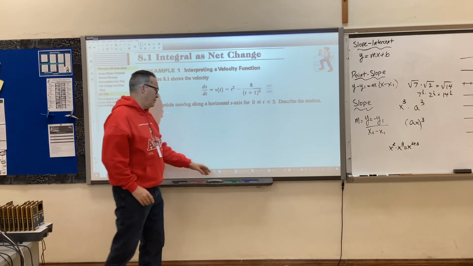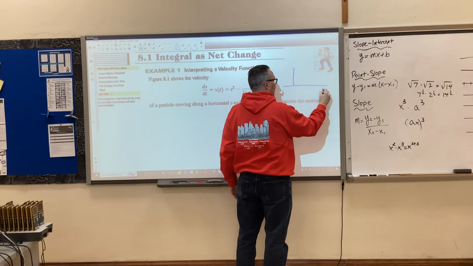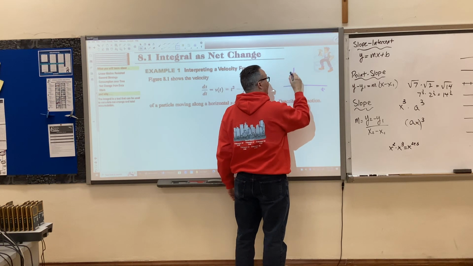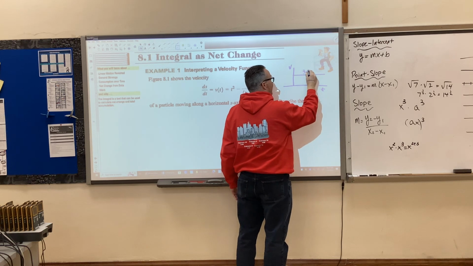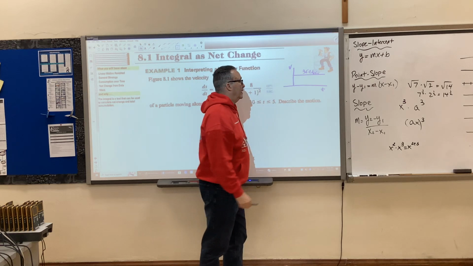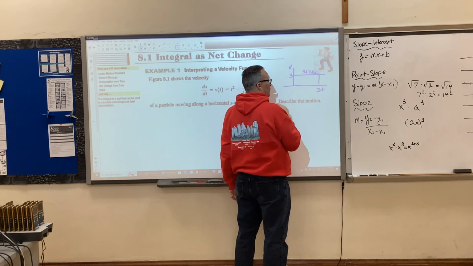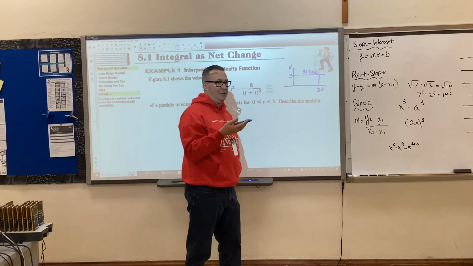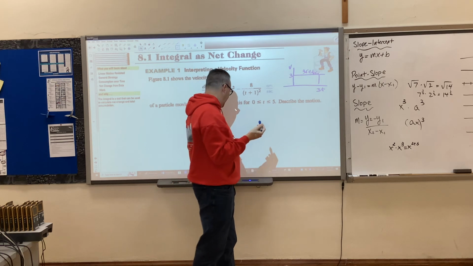If I graph that, with time here and velocity here, 3 feet per second is a constant velocity. So if I go for 3 seconds at 3 feet per second, where's 9 on this graph? Inside the box. Yeah, exactly.